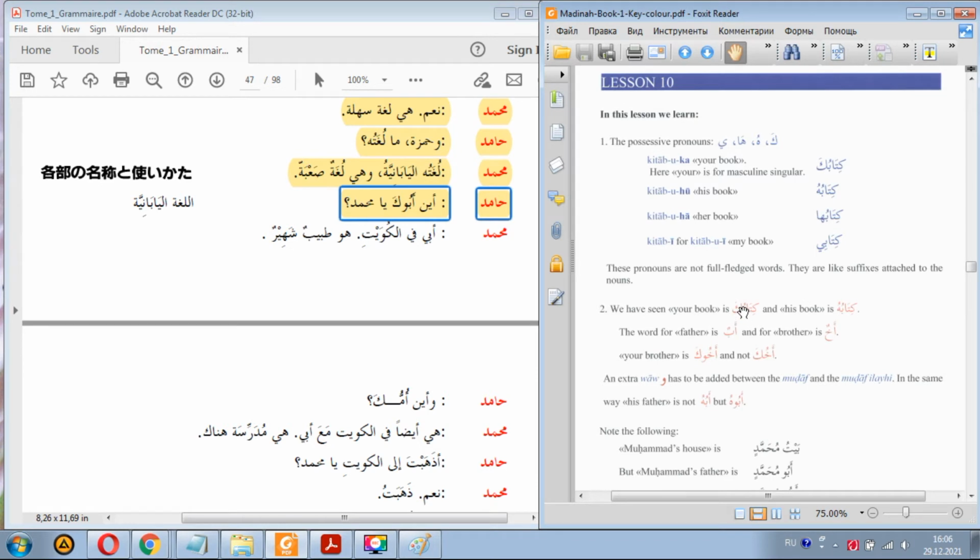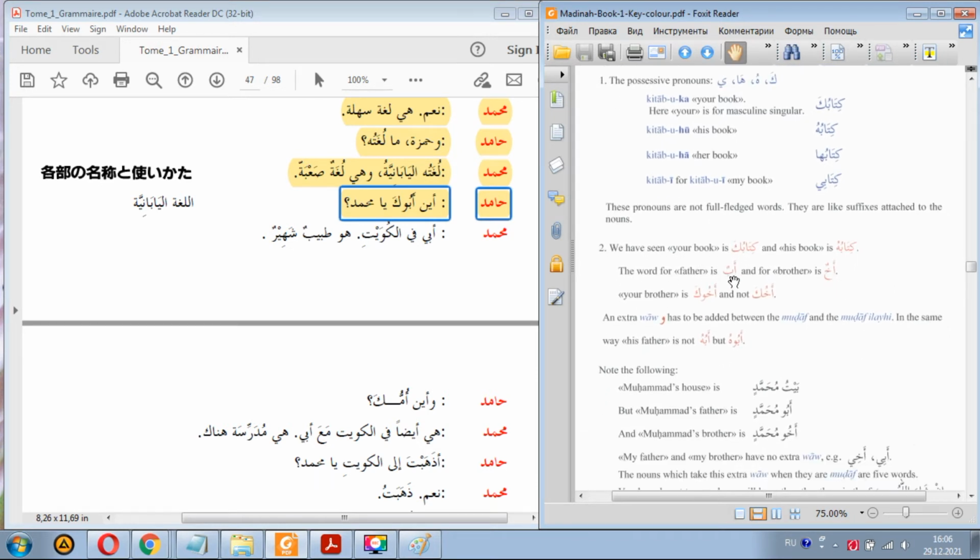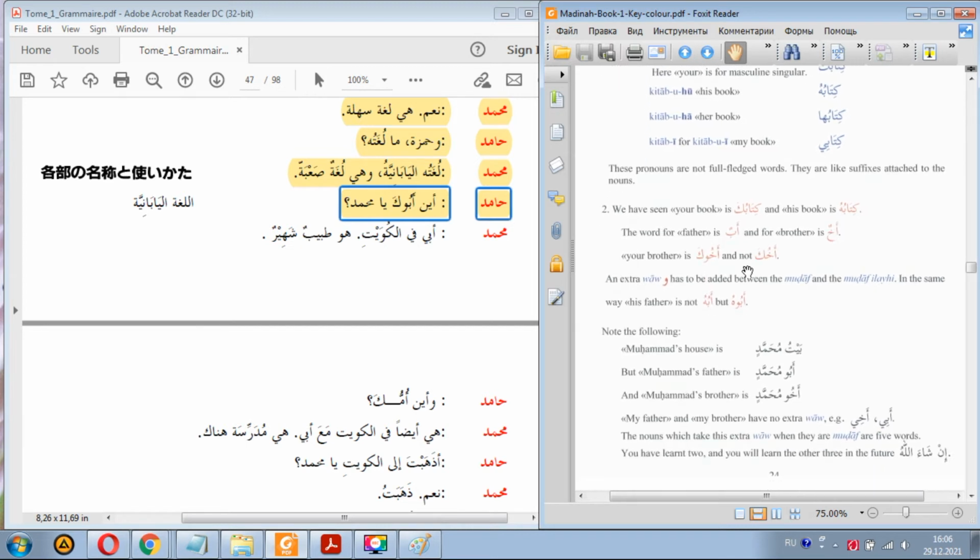Just like here, the word for father is abun, and for brother, akhun. You can see only two letters, but that's not the reality. In reality, it used to be abawun wa akhawun. An extra waw has to be added between the mudaf and the mudaf ilayh. In the same way, his father is abuhu, and your father is abuka. But don't worry about it.